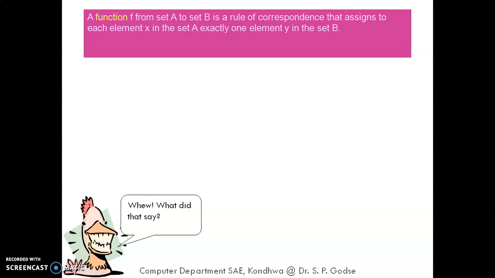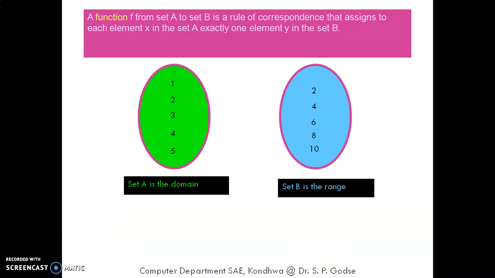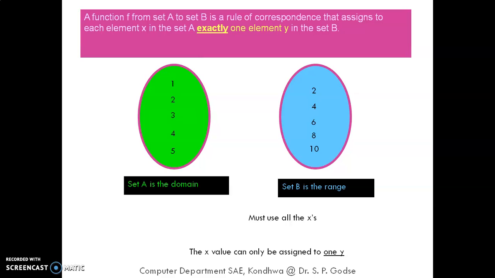So what is the meaning of this? Set A is the domain set, set B is the range set or codomain set. The x value can only be assigned to one y. You can see that for every unique input you should get only one value from the codomain. It shall not be like that for one input you get two different values from the codomain set, then it is not a function.